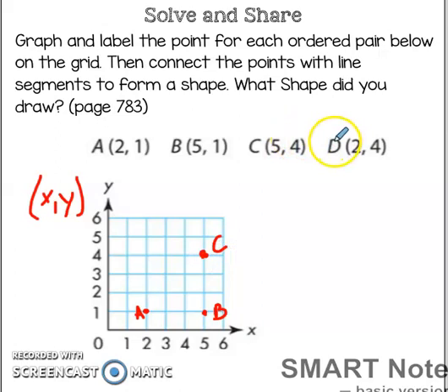And then I have D, 2, 4, so I'm going to slide over to the 2 and go all the way up to the 4. And then I have point D.